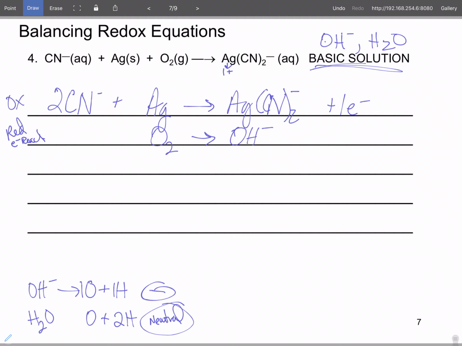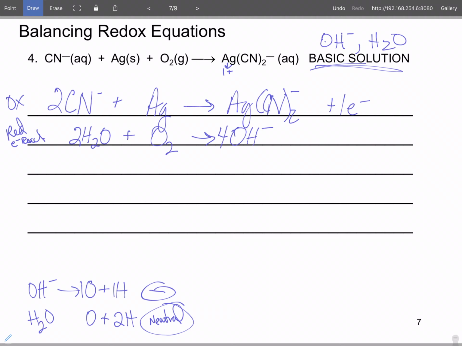Now, a trick to this is if you put the hydroxide on this side, that means you've got to put water on this side, since the water has 2 to 1 hydrogens to oxygens. If you match the oxygens, so if we put a 2 here, then that gives us 4 hydrogens to 4 oxygens. That means I can balance this by doing a 4. So at this point in time, I'm 4 and 4, I'm mass balanced and charge balanced.